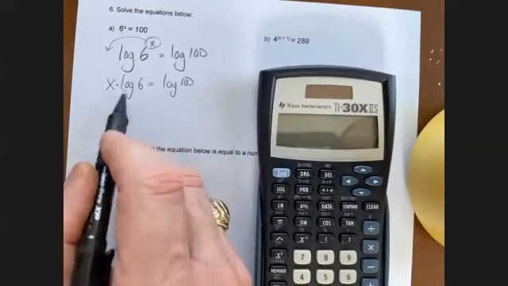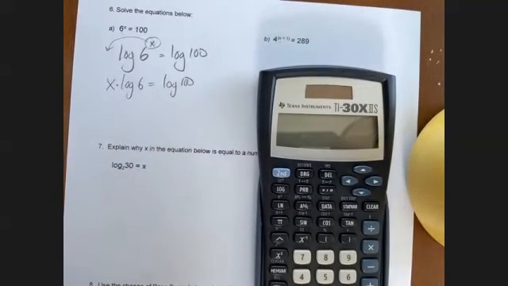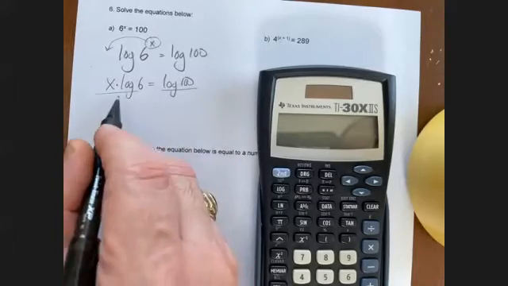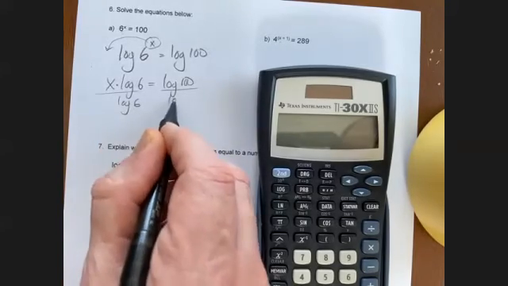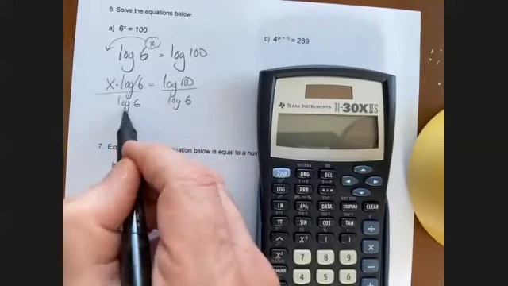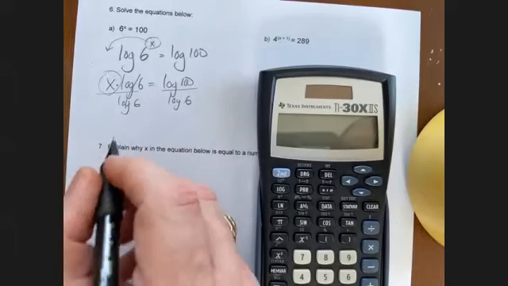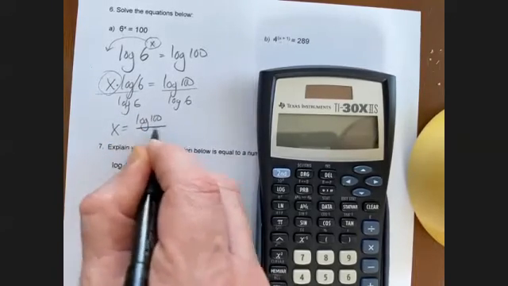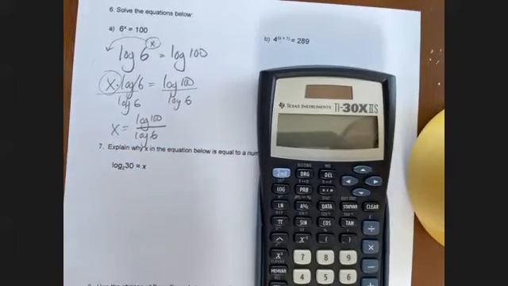Both of these are numbers that I can get in my calculator. Because this is just a number times x, if I divide both sides by log of 6, I'm basically canceling this out and leaving my x behind. So x is going to equal log of 100 divided by log of 6, and this is something I can plug into the calculator.